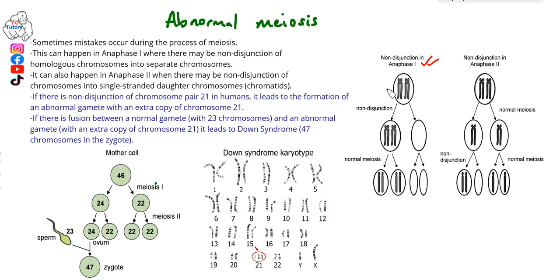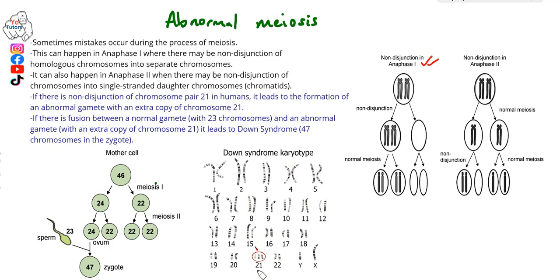When chromosome pair 21 fails to separate, it results in what is called Down syndrome.